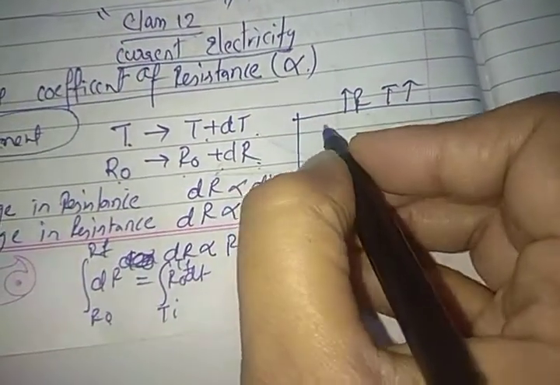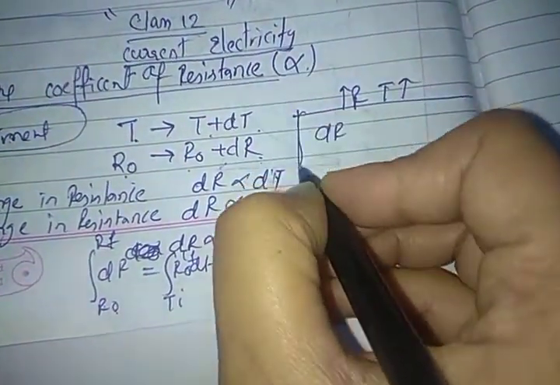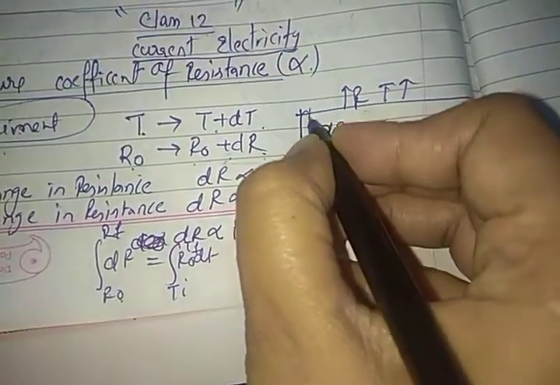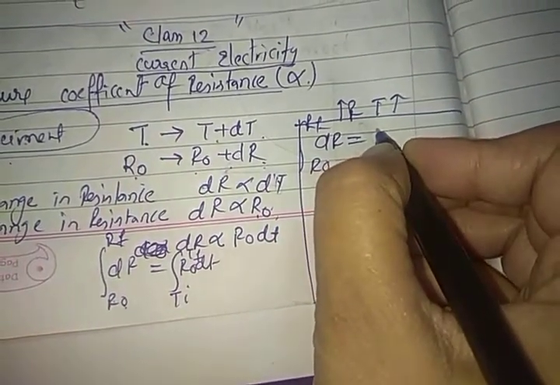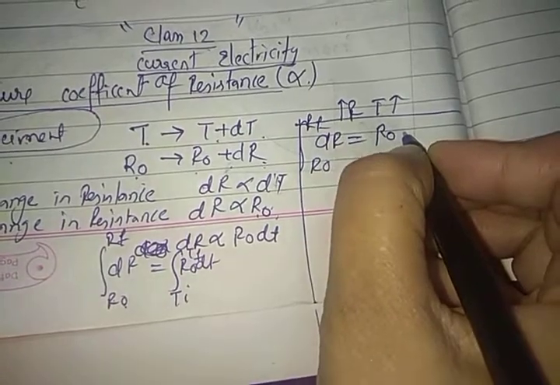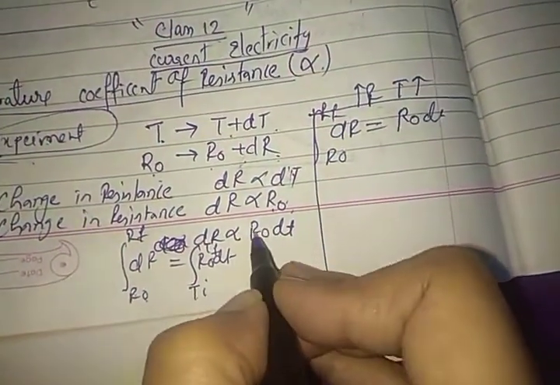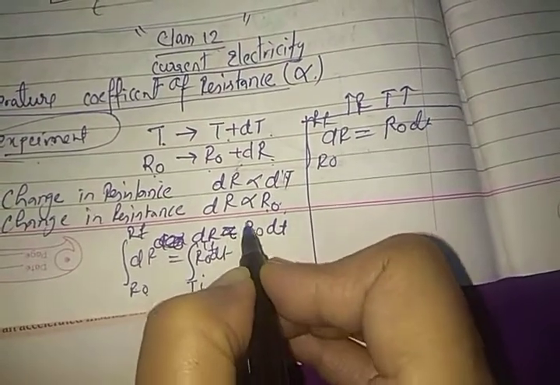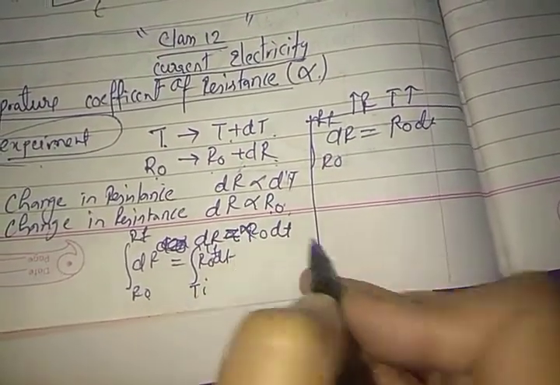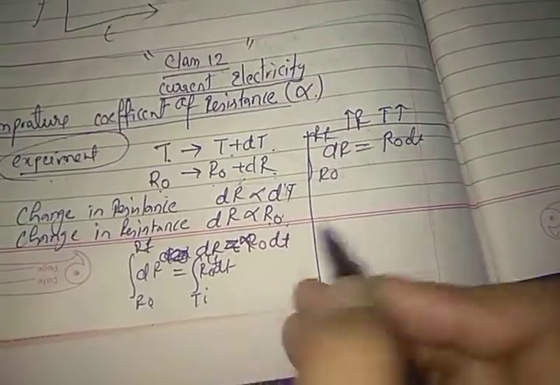Before doing this, we have to remove this proportionality sign. To remove it, we have to introduce alpha. Alpha is a constant quantity. I am writing it again.